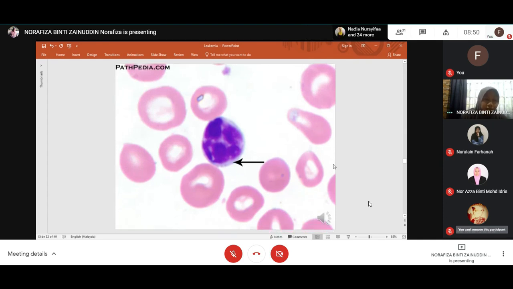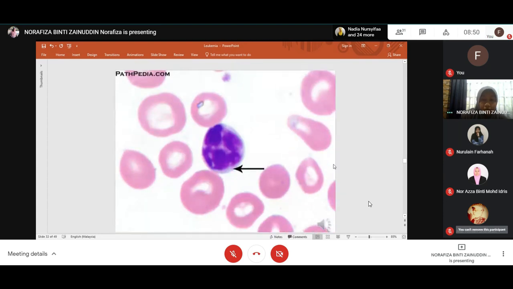We call this a soccer ball, because you see that the chromatin is clumped here; sometimes it seems like a soccer ball. The chromatin clumping and diagnosis can only be made using immunophenotyping for atypical CLL cells.